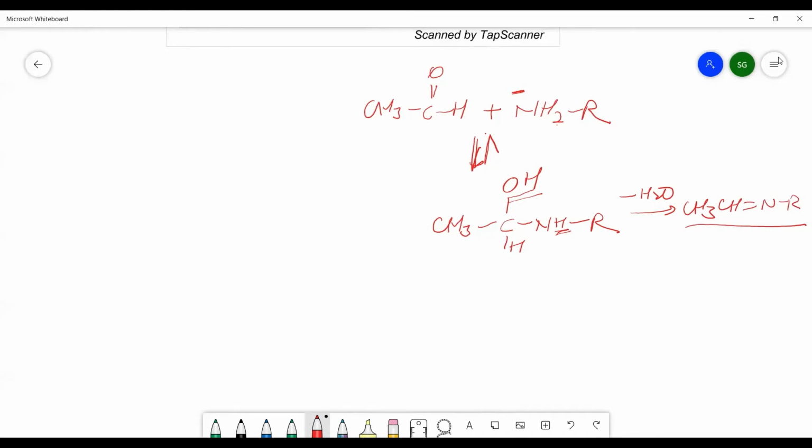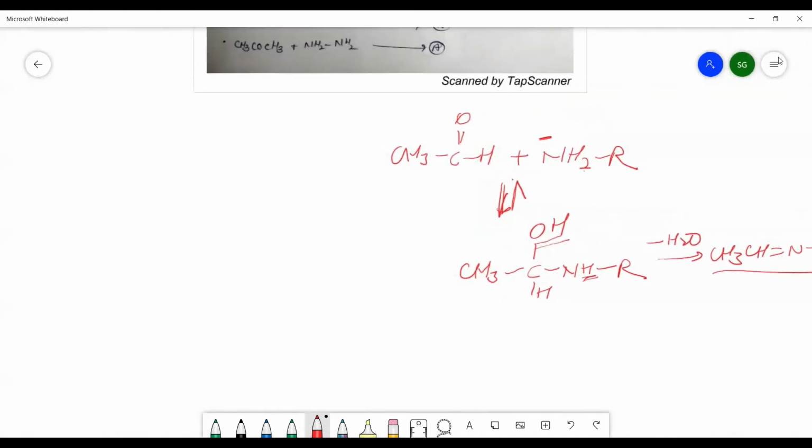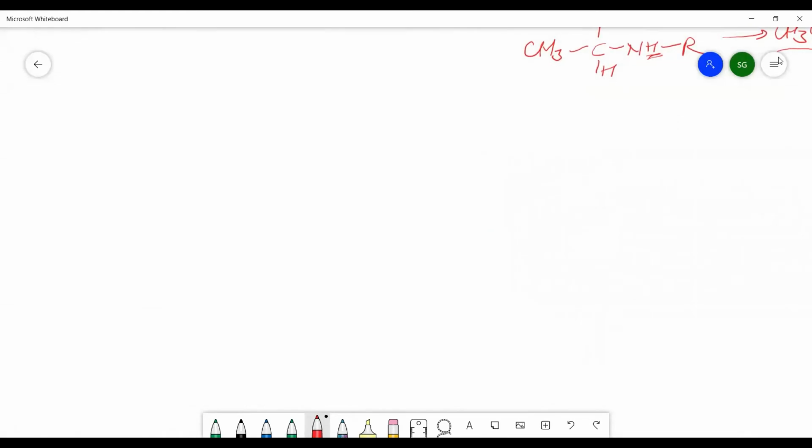Similarly, if you take ammonia, we will see one by one. First of all, we will see the reaction of aldehyde or ketone with ammonia, NH3. We can write the intermediate or we can write down the product directly.